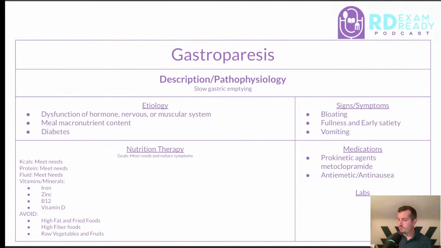So, for our medications here, I want to talk about a few. One is prokinetic agents, okay? Prokinetic. I want us to break down that word a little bit. Pro would mean promote.